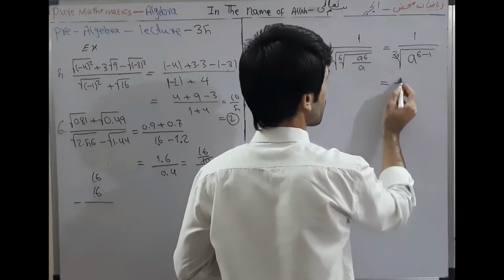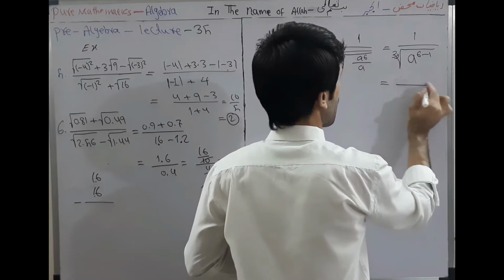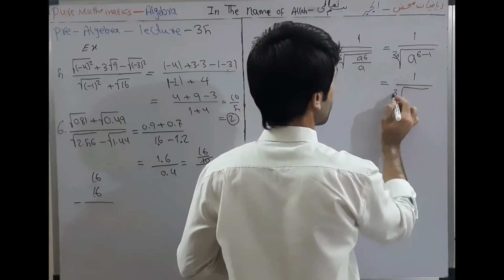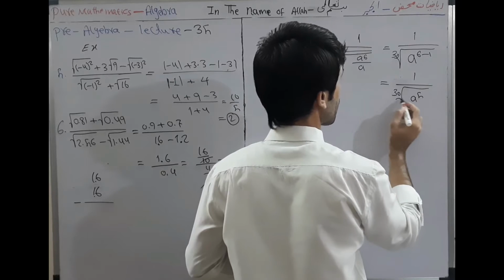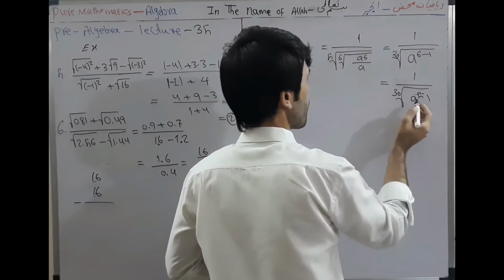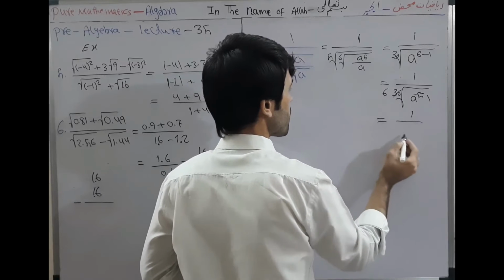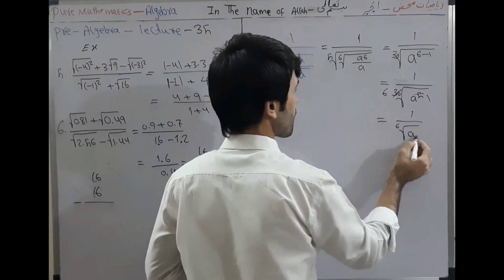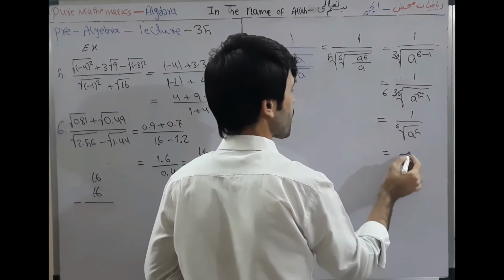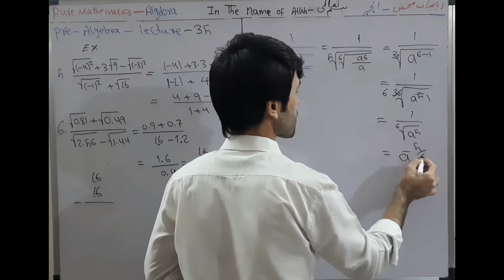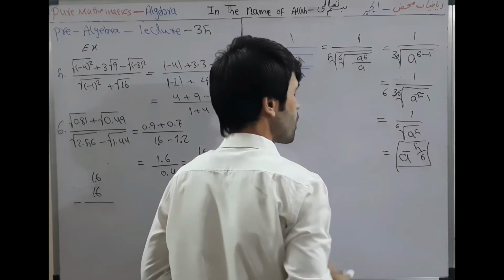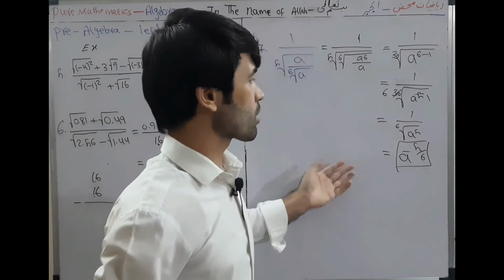It is equal to 1 over 30th root of a to the power 5. We cancel, 5 by 30. We get 1 over 6th root of a to the power 5, or we can write a to the power minus 5 over 6. Both of them are same. They are the answer of this question.